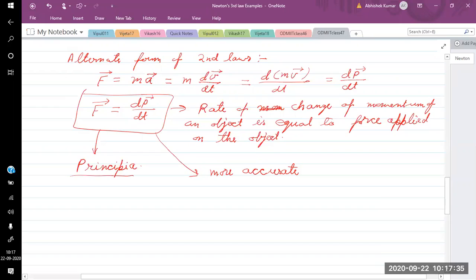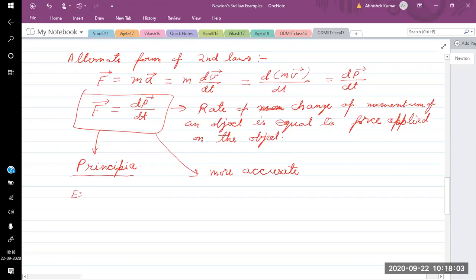F equal to ma is not applicable in that case, but F equal to dp by dt is still applicable. So this one is more accurate. But for smaller velocities, these two are the same, so we can use any one of them. For higher velocities, F equal to dp by dt is more correct, and this is the law which we are going to use.